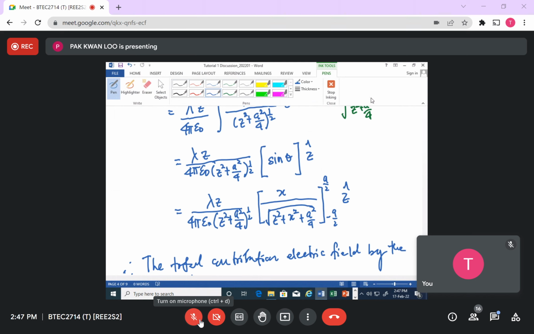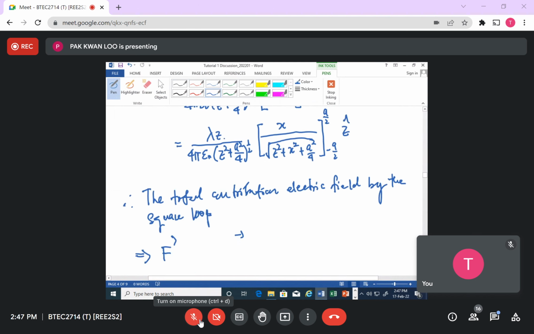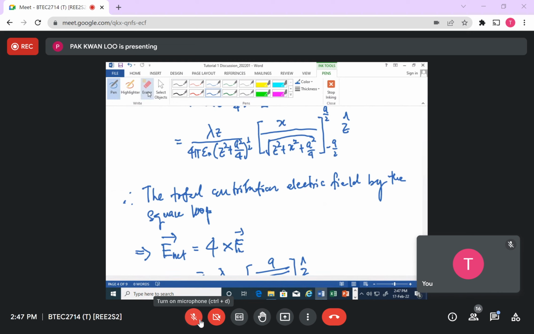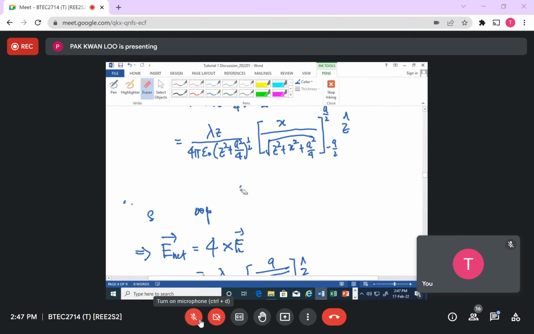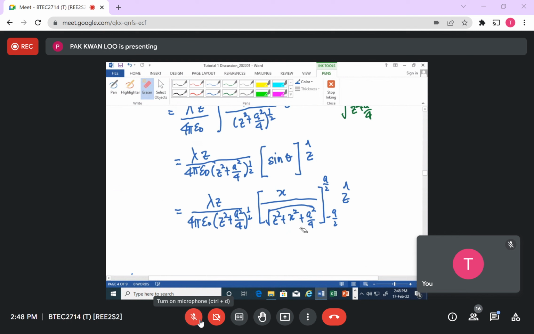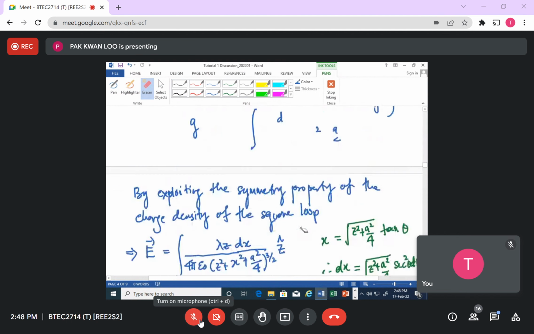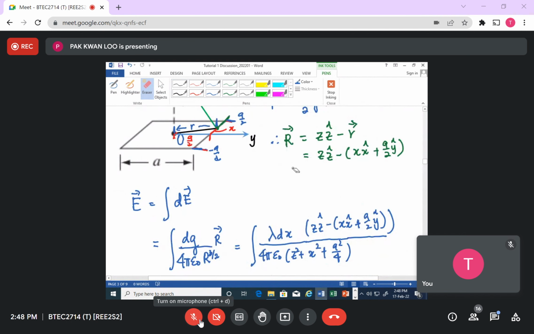Okay. Sorry, I just need to remove this. I will rewrite this again, I mean the same statement. So the correction is, as I said just now, I did the magnitude of r wrongly.